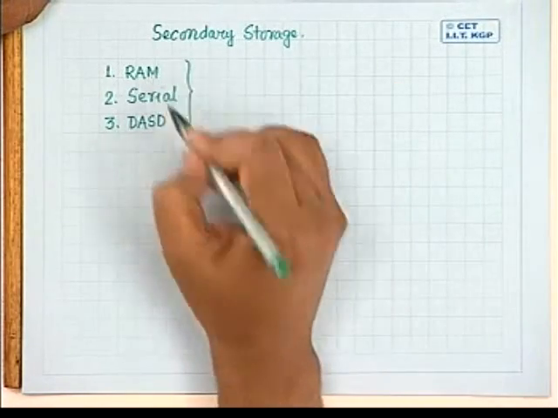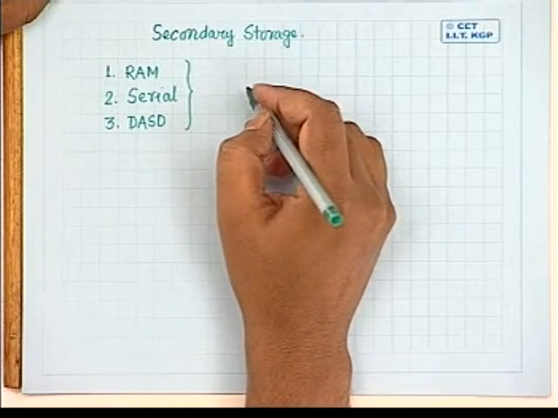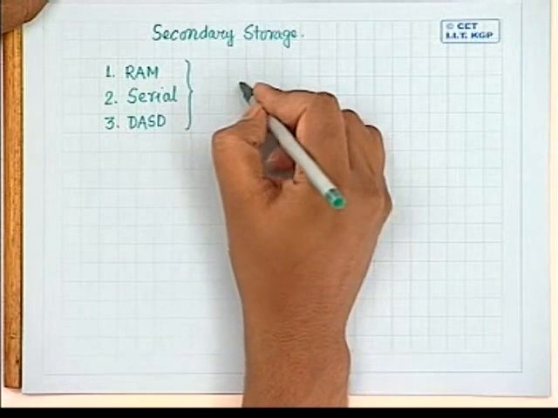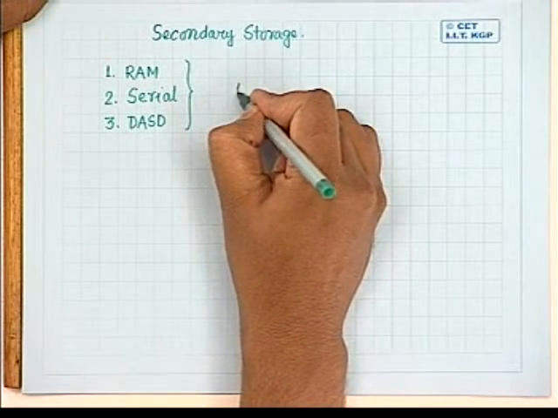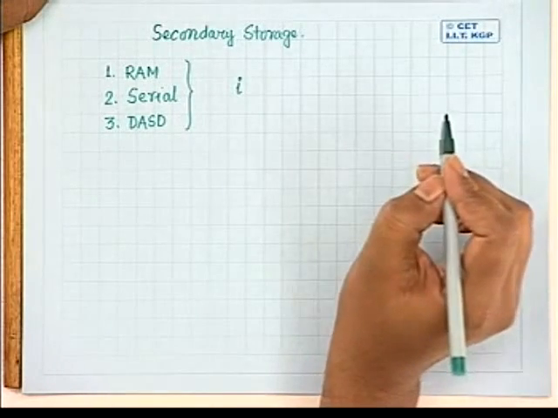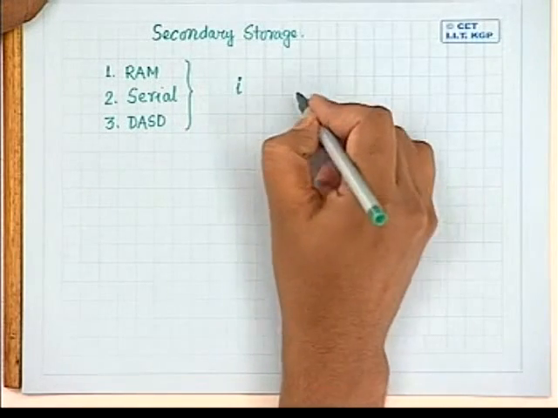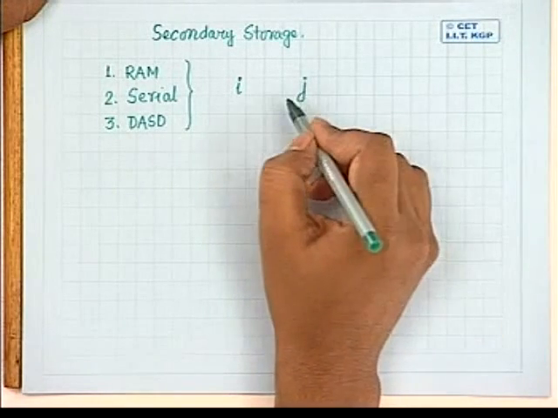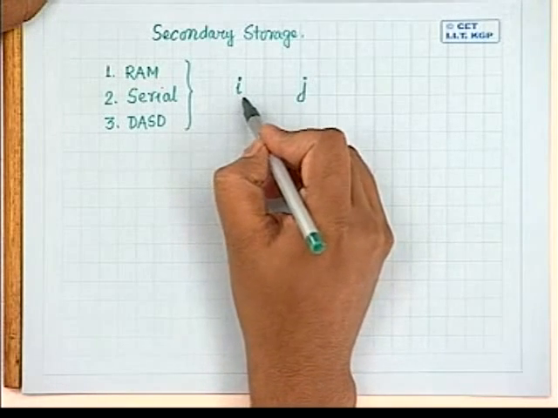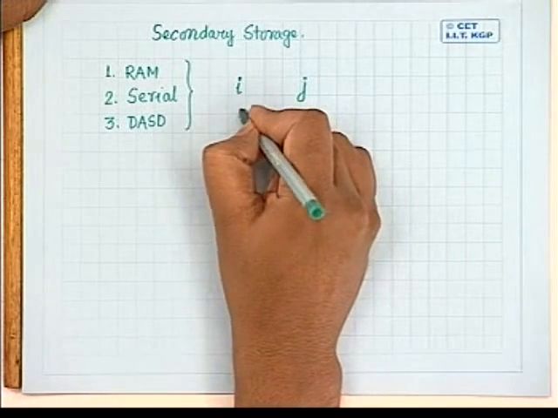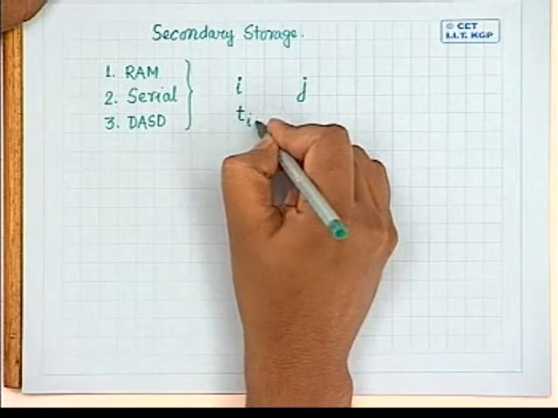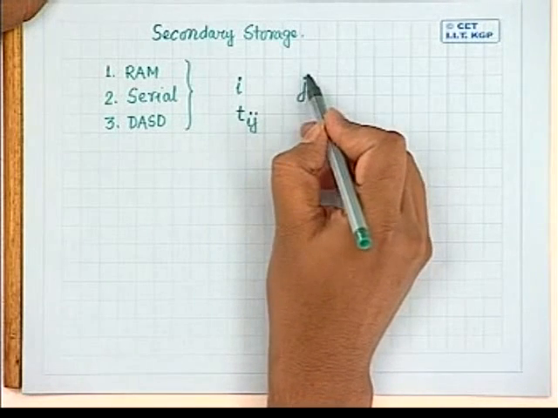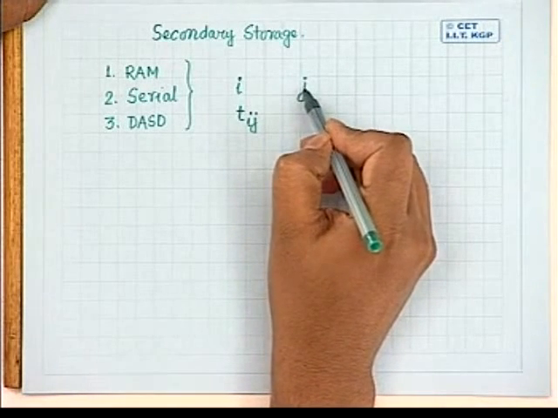Now, the categorization is done on the basis of certain criteria. That is, within a memory, if you are currently accessing a particular location or a particular record, let us say that currently we are accessing a record I. The next record that is to be accessed is the record J. Then the time taken to move from the ith record to the jth record, let us call that time Tij.